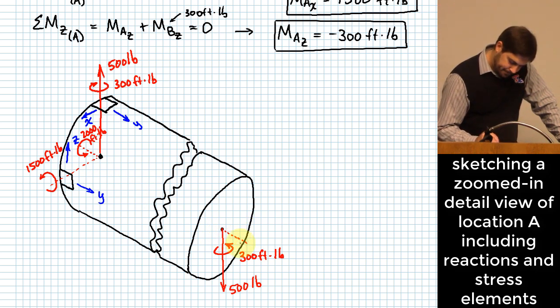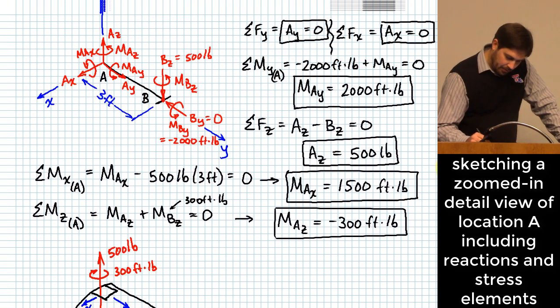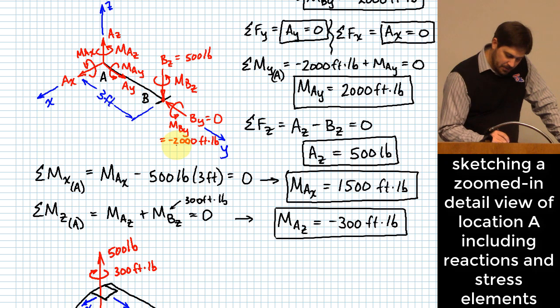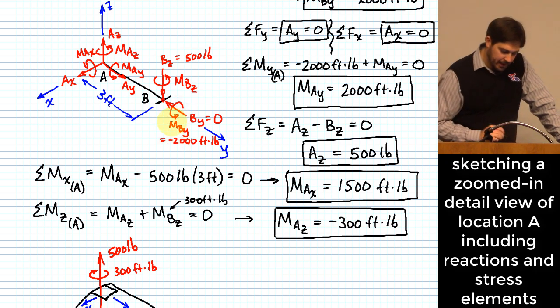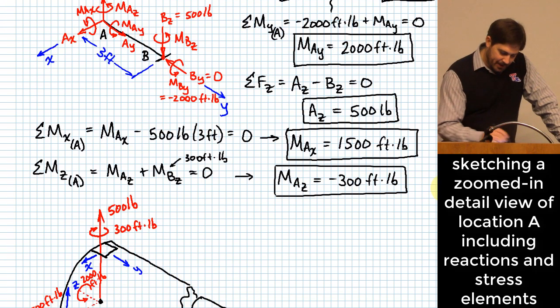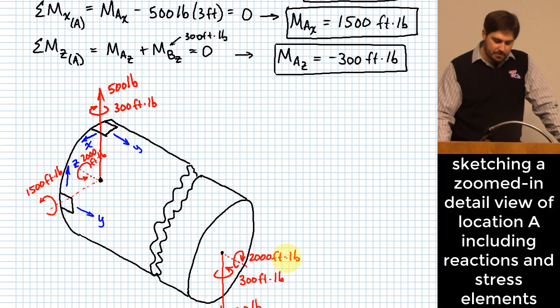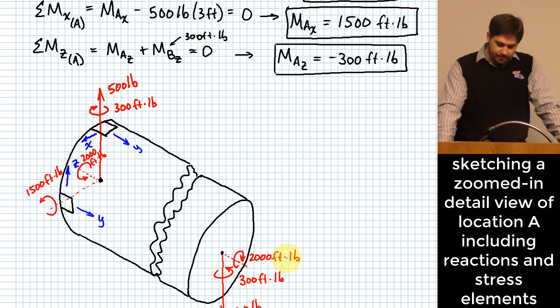Okay. Must mean I have a reaction or an applied moment like this. Okay, and we can look at our original stuff here and see that that must be correct. I had negative 2,000 shown in the positive Y, right? So that's the same as having just a negative 2,000 foot-pounds applied there like that.